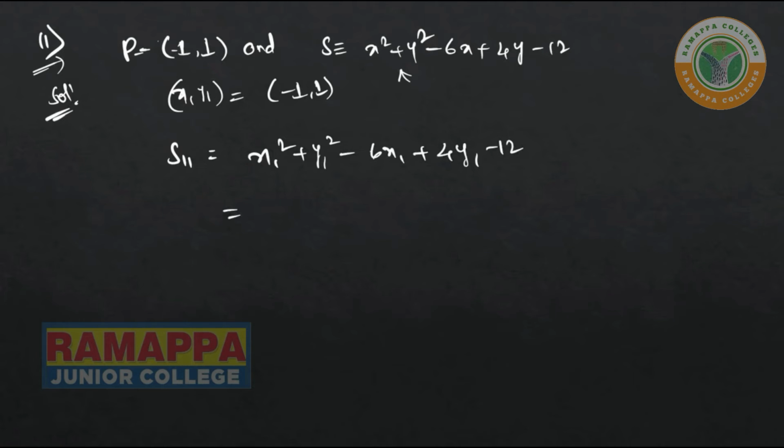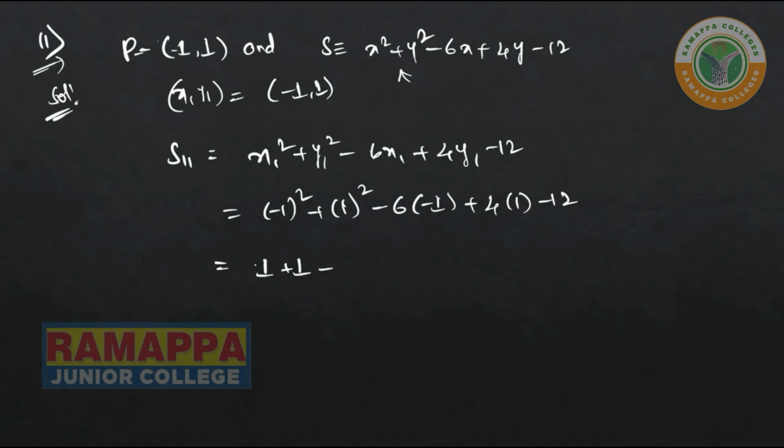So in this we have to substitute the values: minus 1 whole square plus 1 whole square, 6 into minus 1, plus 4 into 1, minus 12. So it will become 1 only plus 1 only, here plus 6 and plus 4 minus 12. So this is 10 and 12. 12 minus 12 is equal to 0 here, answer.